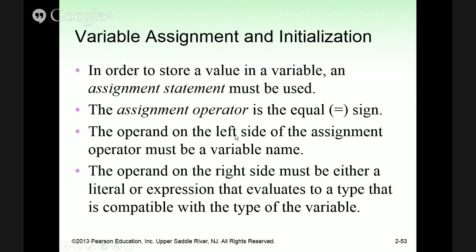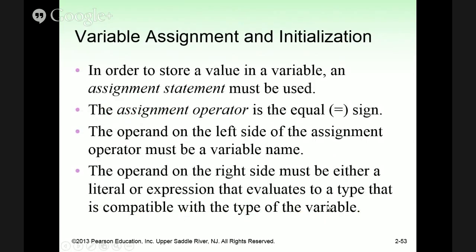The operand on the left side of the assignment operator must be a variable name. So you can only have a single variable name on the left side of the equal sign, ever. That's all you can have is one variable name, nothing less and nothing more. And then the operand on the right side must be either a literal expression that evaluates to the type or is simply that type of variable.